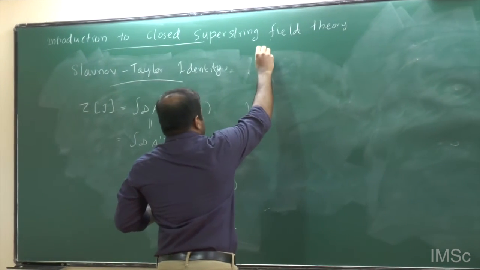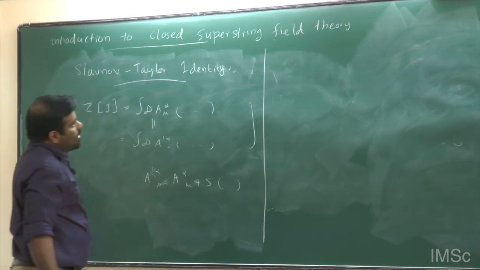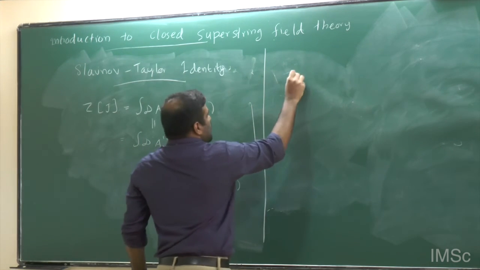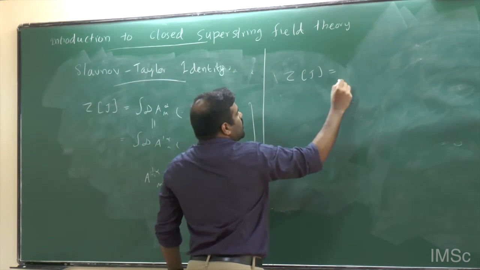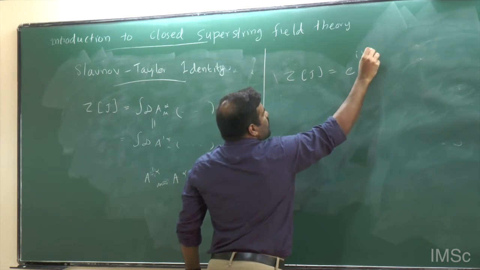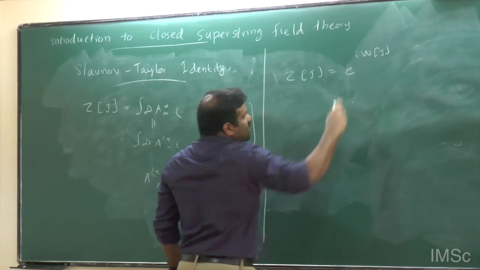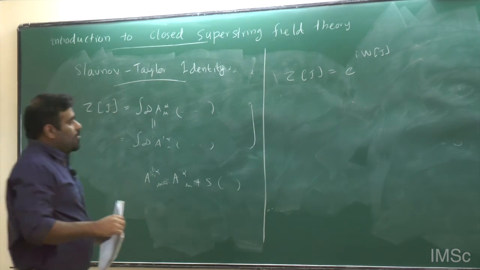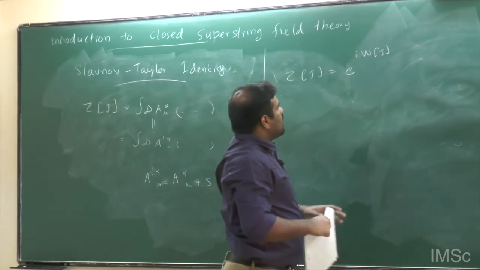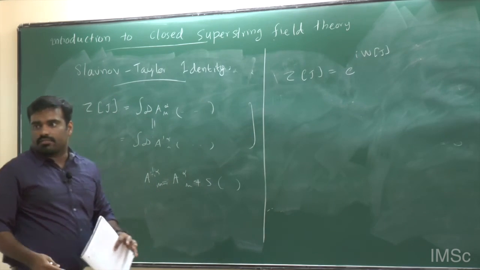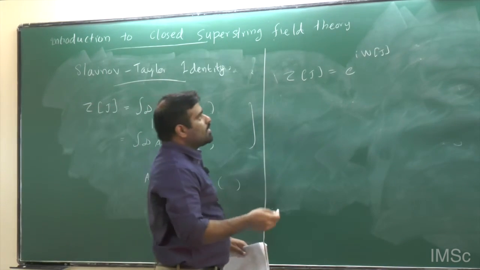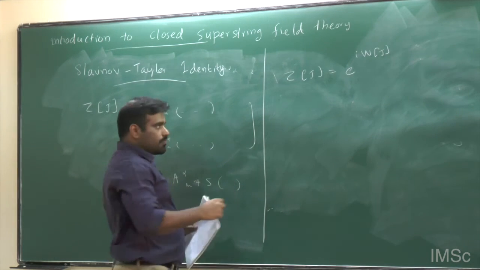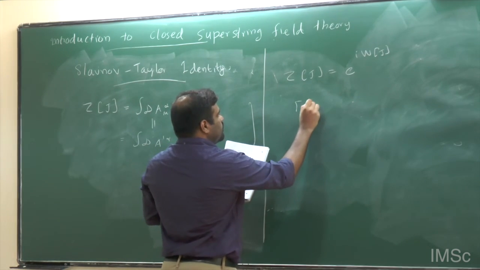To state the identity, we have to introduce another object. So Z_J, I denote it by e raised to i W_J. So this is the definition for W_J. And I can take this W_J and then do a Legendre transformation. That gives you the effective action, or the 1PI effective action, gamma chi.